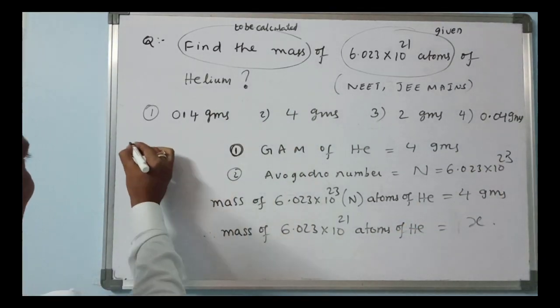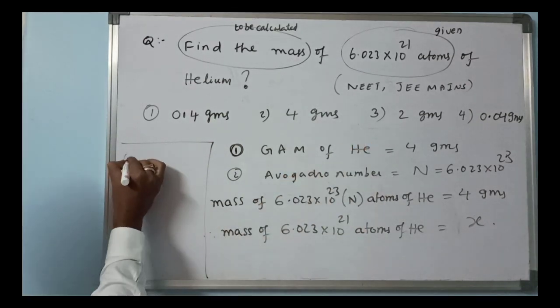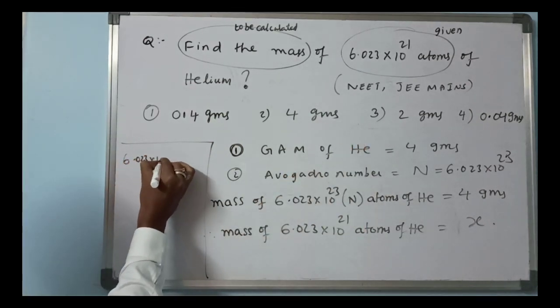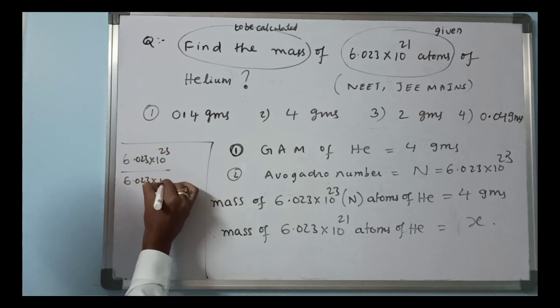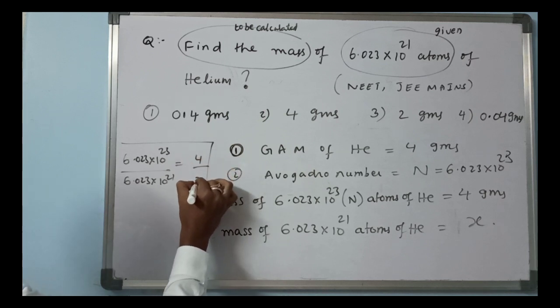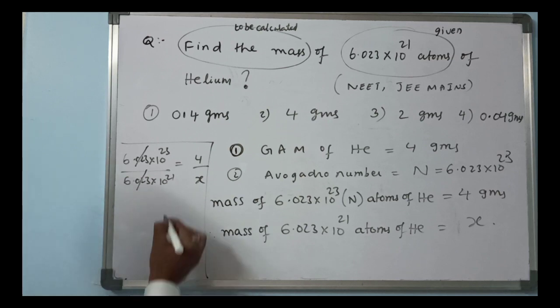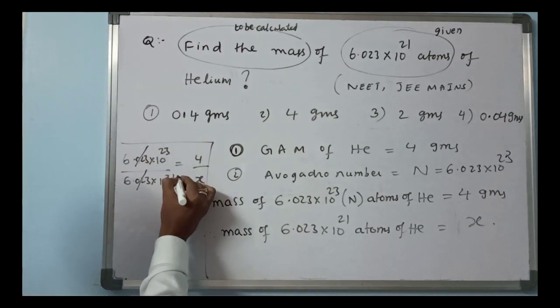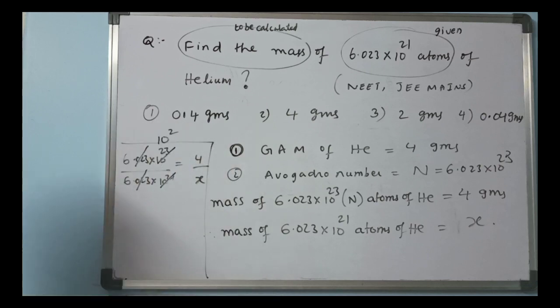Again, how can we solve? Left by left, right by right. 6.023 into 10 power 23 by 6.023 into 10 power 21 is equal to 4 by x. So 6.023 cancels. 10 power 23 by 10 power 21 is equal to 10 power 2.